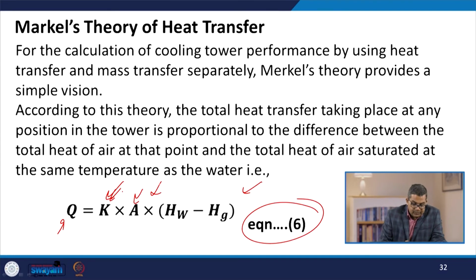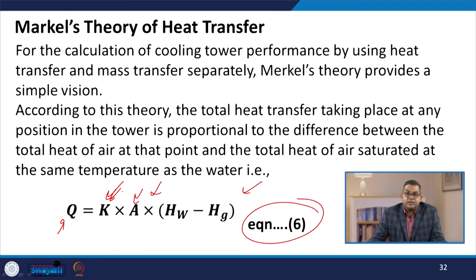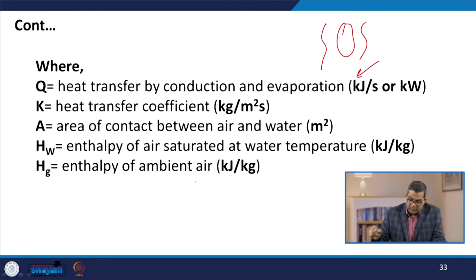A is the area of contact between the air and water, that is meter square. Hw is the enthalpy of air saturated at water temperature, having the unit of kilojoule per kilogram, and Hg is the enthalpy of ambient air, again having the unit of kilojoule per kilogram.